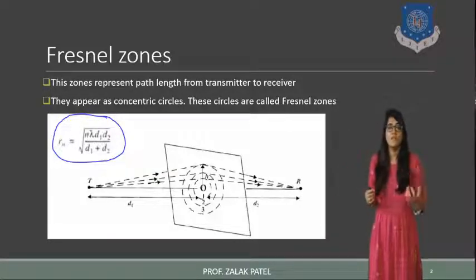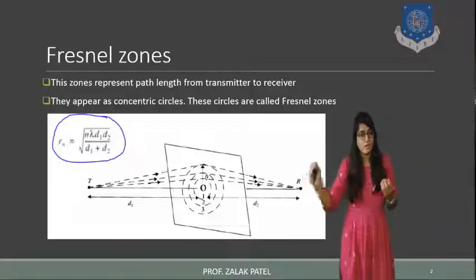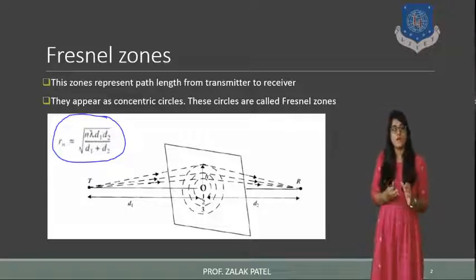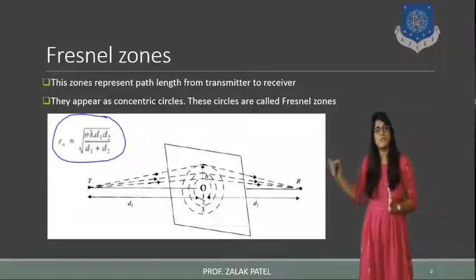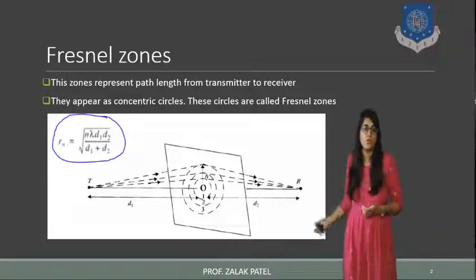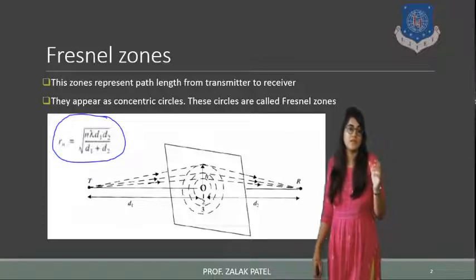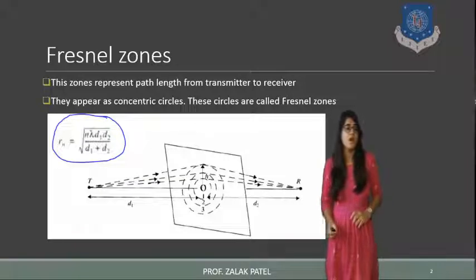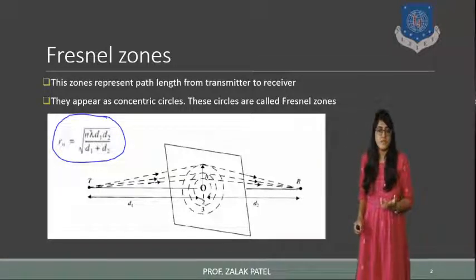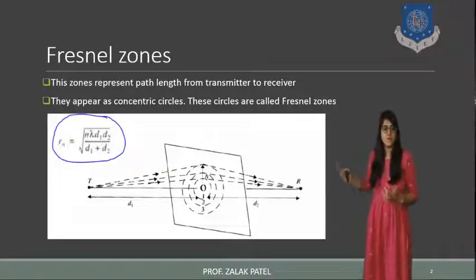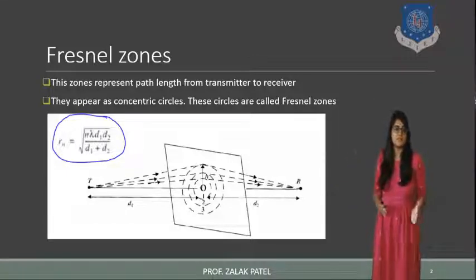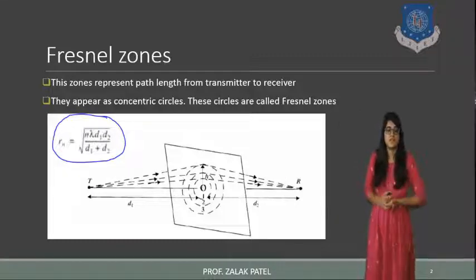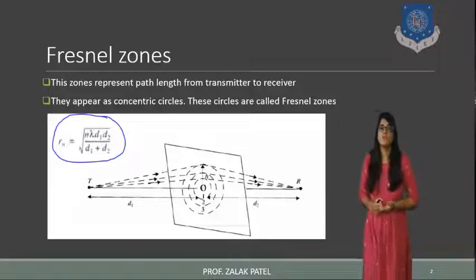From the transmitter to the center of that circle gives the distance d1, and from that circle center to the receiver gives the distance d2. In short, at the center, we assume that some obstacle is present. From the transmitter to that obstacle, the distance is d1, and from the receiver to that obstacle, the distance we consider is d2.